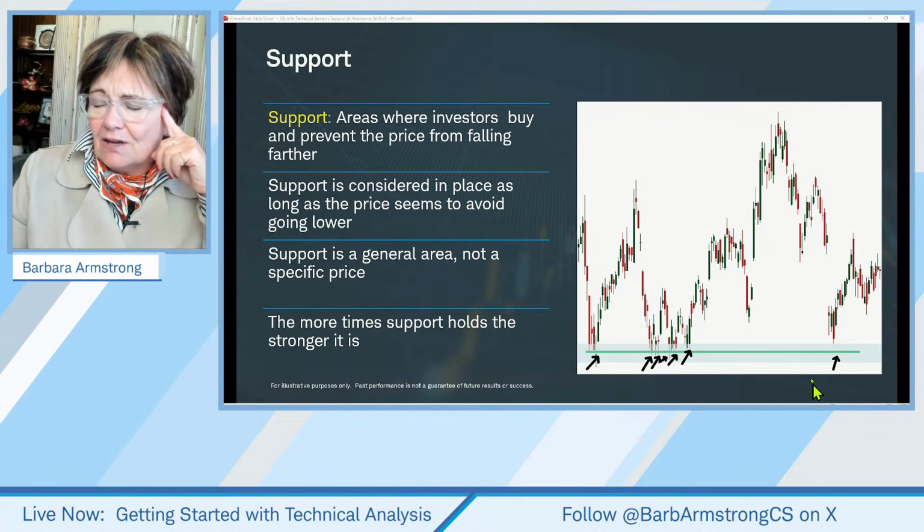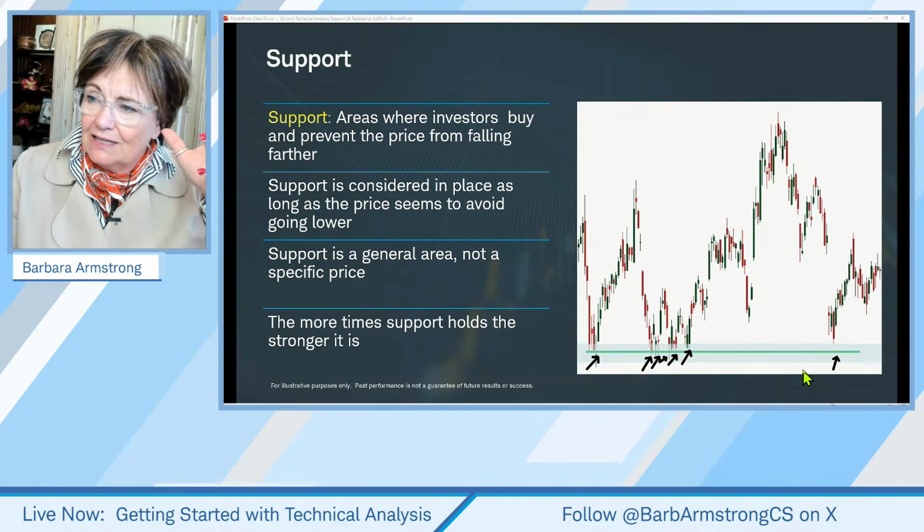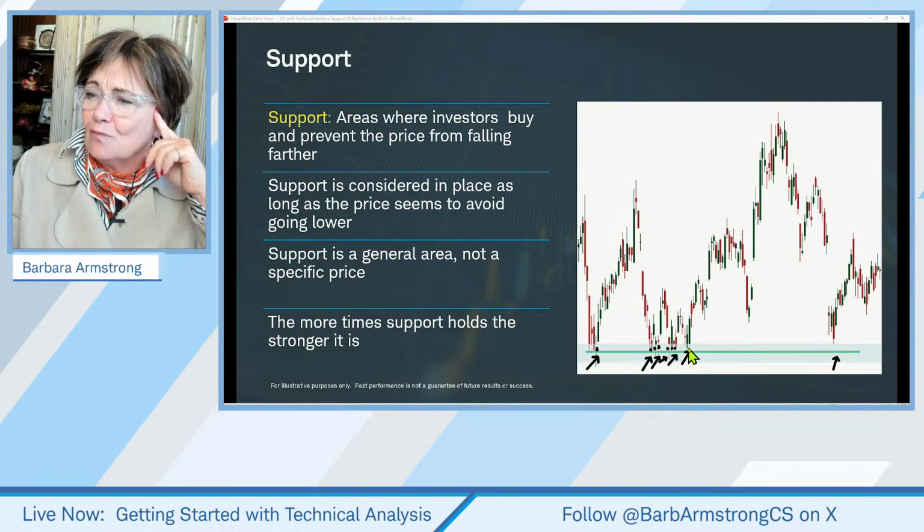And I think of it, my father-in-law was a huge fan of medieval history, and I see this as every time you come down and hit a support level and bounce, it's like another knight comes to guard the castle, so to speak. And the more often it comes down and hits it, the more sentries there are to protect the position from going under.